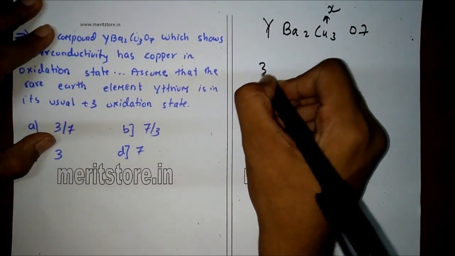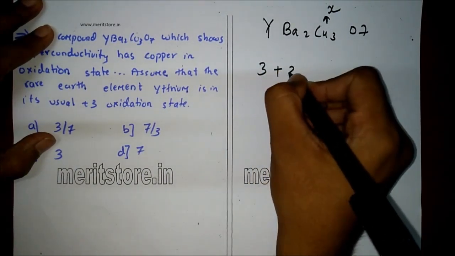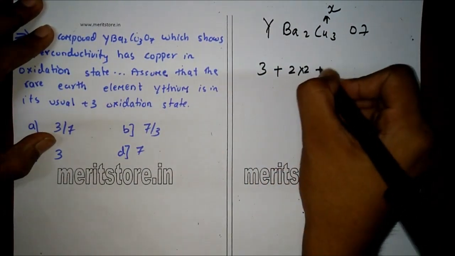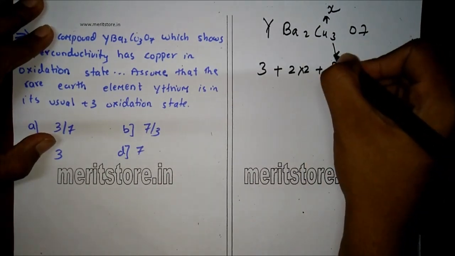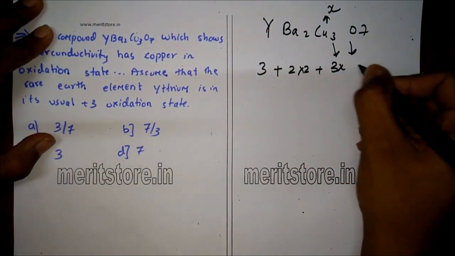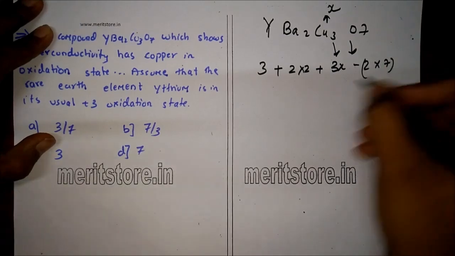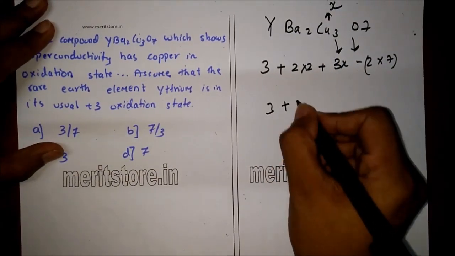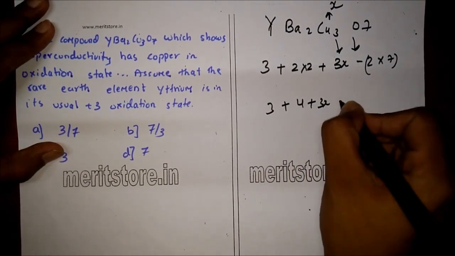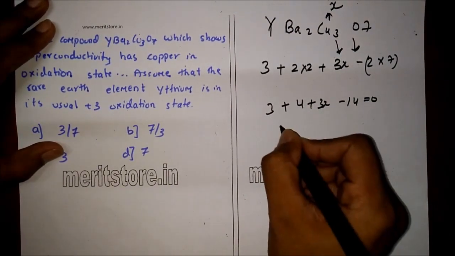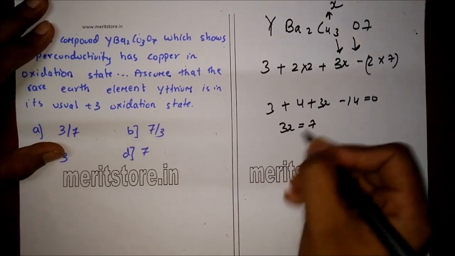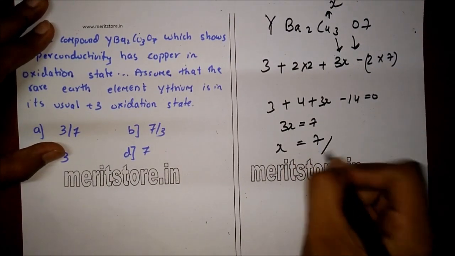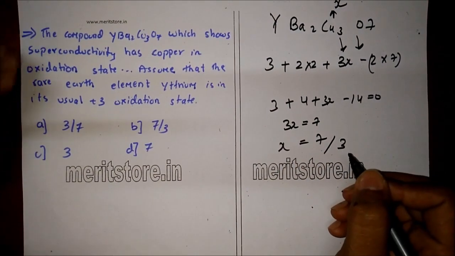Therefore, yttrium has a +3 oxidation state, +2 into 2 plus 3x, and minus 2 into 7. On calculating, we get 3 plus 4 plus 3x minus 14, which is equal to 0. Therefore, 3x will be equal to 7. Therefore, x will be equal to 7 upon 3. Therefore, here the correct answer will be option B.